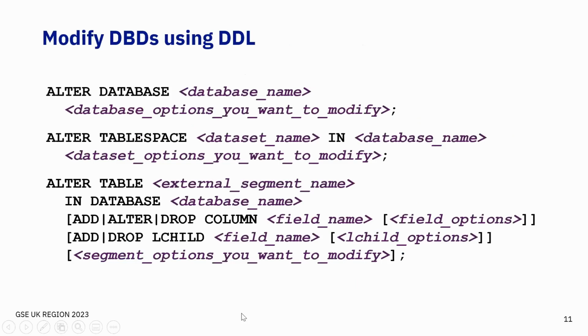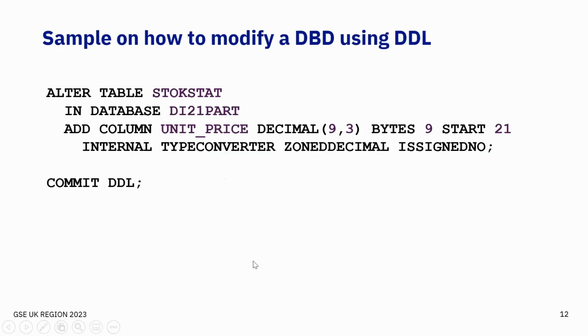If you want to modify existing databases, then you'd use the alter statement. You can alter databases, you can alter table spaces, you can alter tables, and this is a high-level syntax, if you will. On the next page here is an alter table statement. So table is a segment, keep in mind, right? So I'm altering a segment.